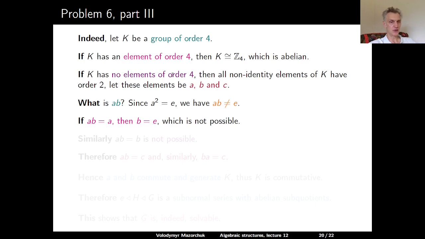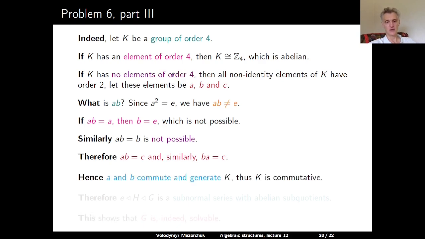So ab equal to a is not possible, and similarly ab equal to b is not possible. So the only possibility is that the product of a and b is equal to c. And by the same argument, the only possibility for the product of b and a is that this product is equal to c. But then ab is equal to ba. So a and b are two commuting elements and they generate K. And so K is a commutative group.